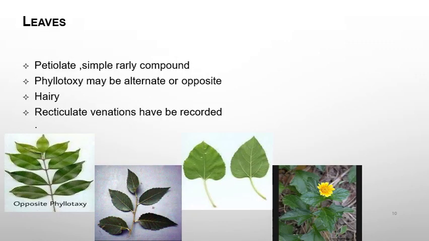The leaves of Asteraceae are simple or occasionally compound, and their arrangement along the stem may be opposite and may be alternate.